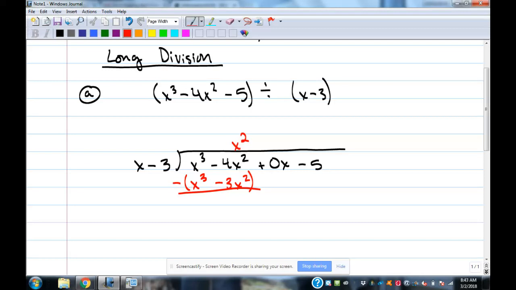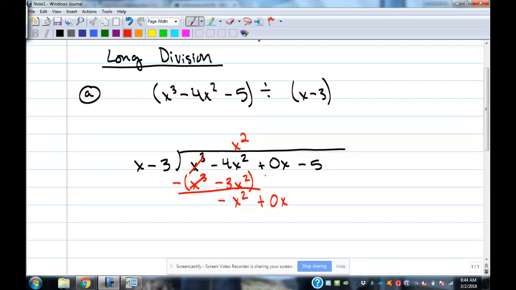And then negative 4x squared minus negative 3x squared: negative 4 minus negative 3 gives us negative 1x squared. And then we bring down the next term.